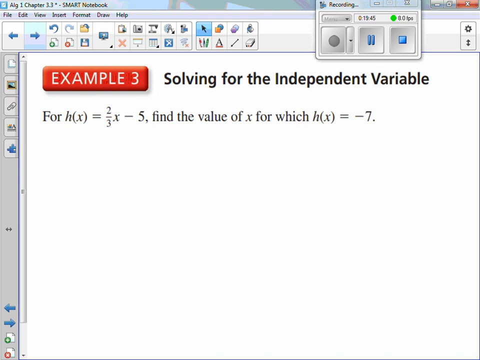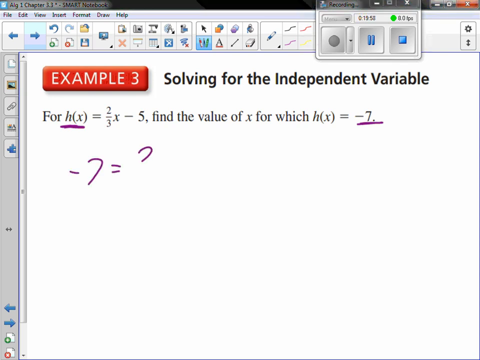Looking at this here, h of x is negative 7. So let's replace it. Negative 7 is equal to 2/3 x minus 5, and it's wanting us to find the value of x. For what value of x will make this true?